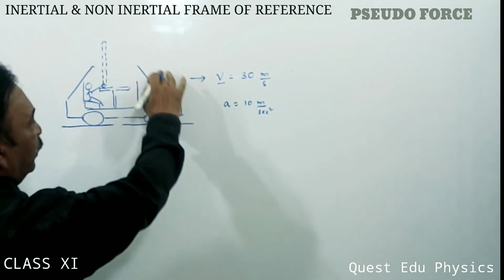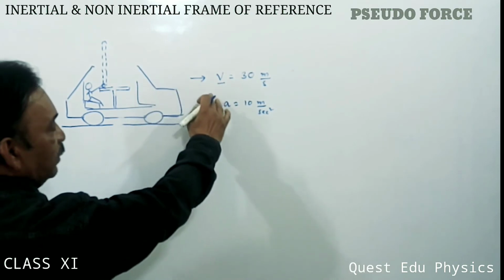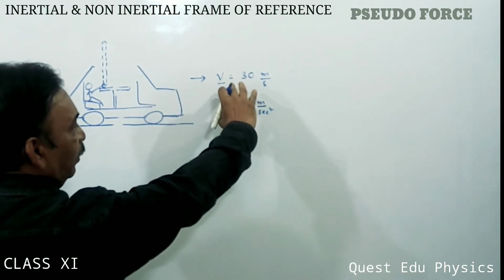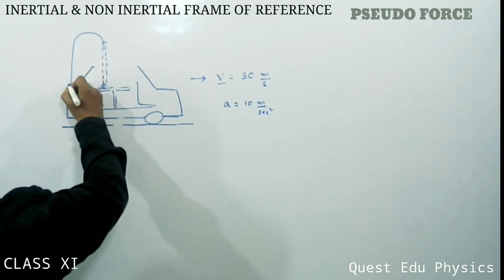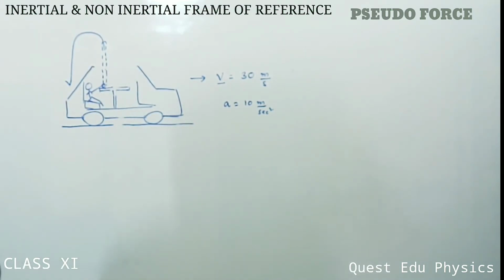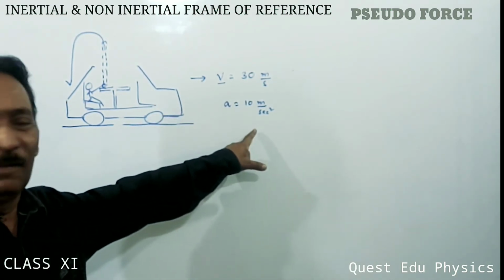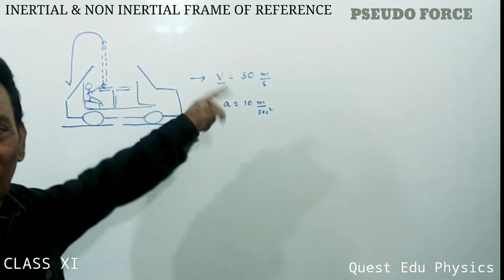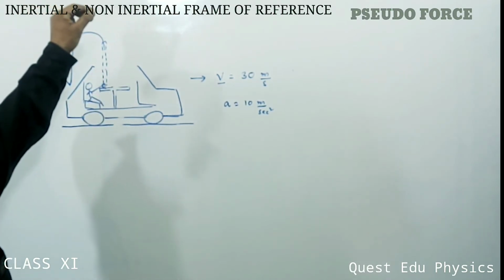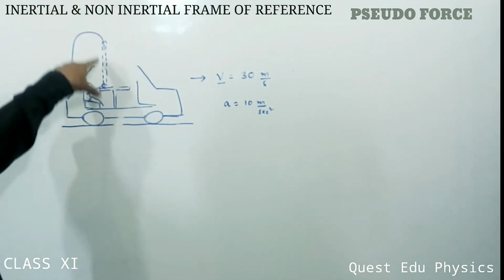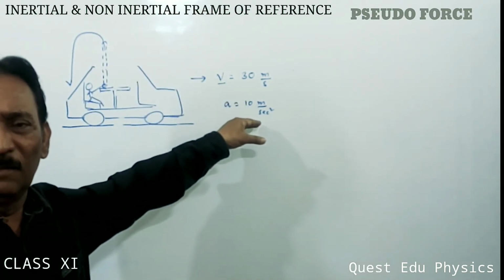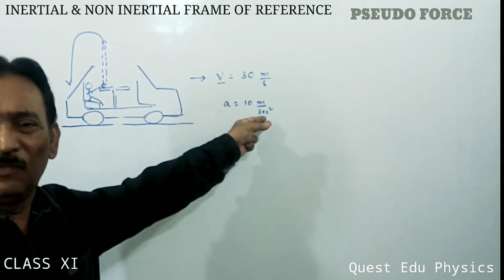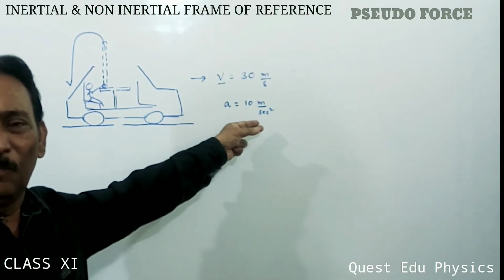It comes along with the 30 meters, but it is falling behind a distance of 10 meters. That's why the ball will fall backwards. Understanding, students? When this body is accelerating and you throw the body up, it has a speed of 30 meters per second, but it is accelerating at a rate of 10 meters per second square.